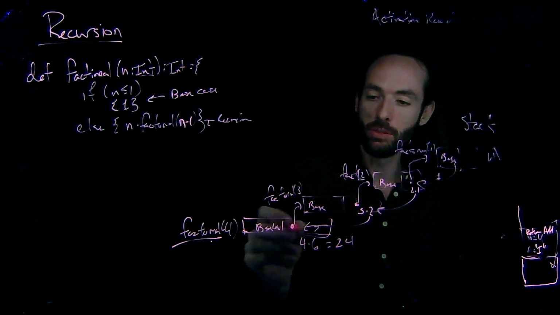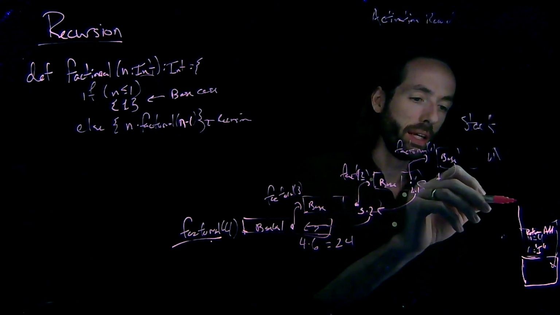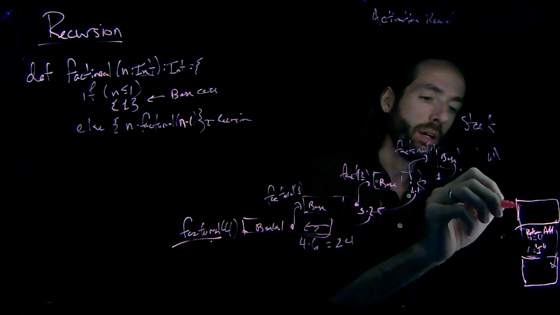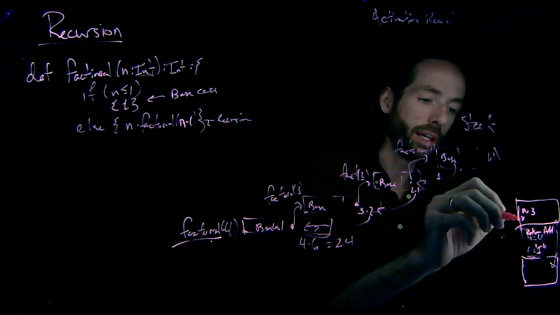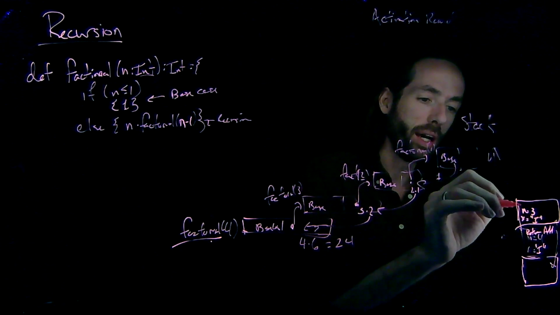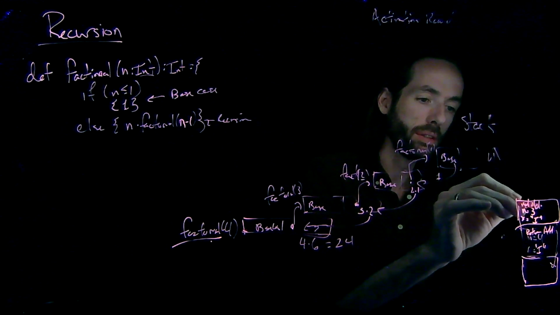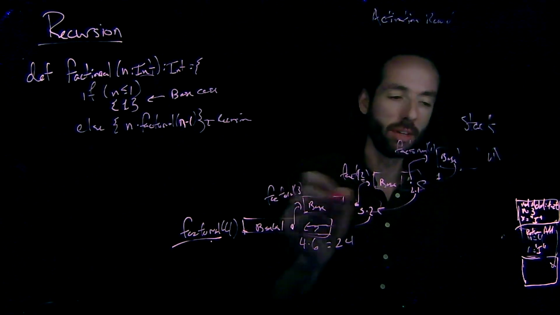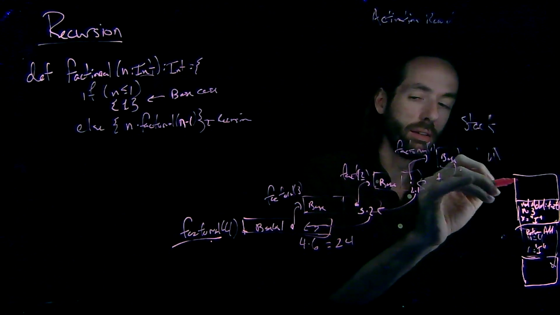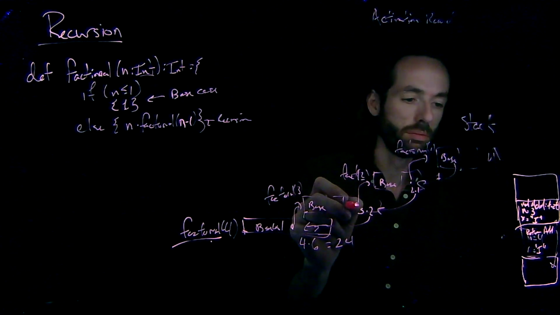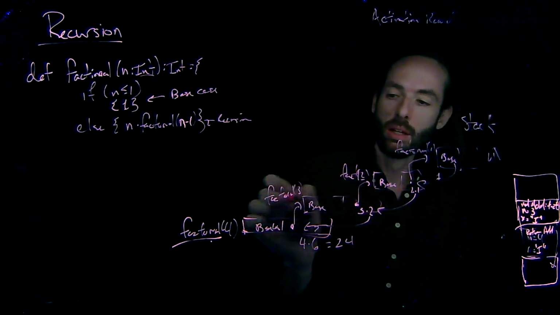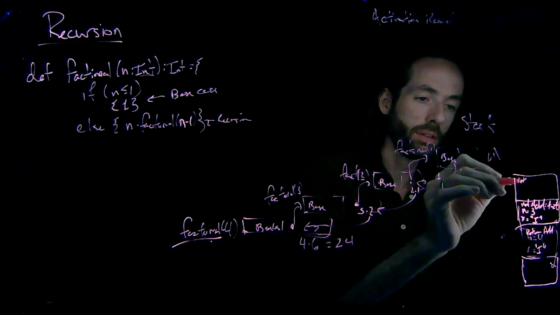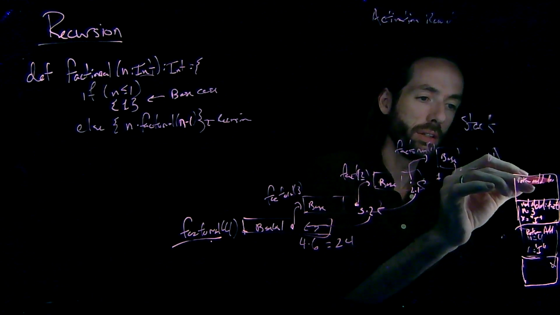And so when factorial 4 ends up calling factorial 3, it just writes a new activation record on top of the previous one with now n is equal to 3. Let's say x is, again, capital I. And the return address is now factorial of 4. Then factorial 3 calls factorial of 2, and its return address is factorial of 3.